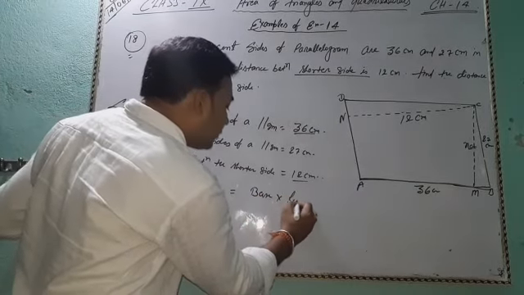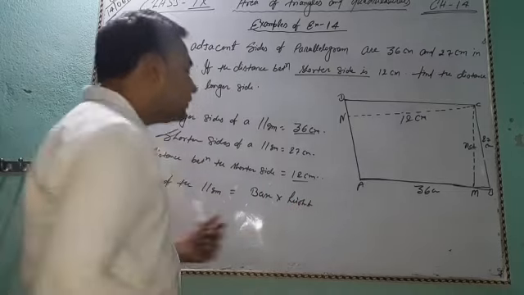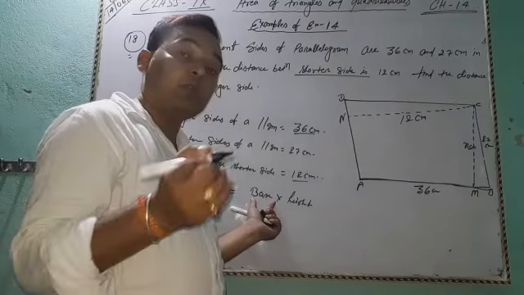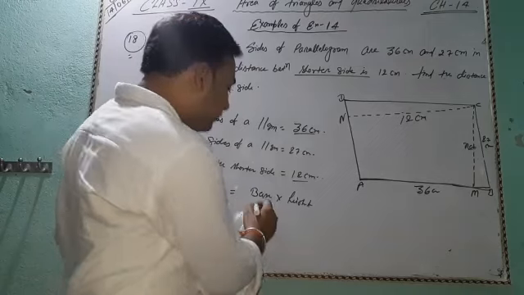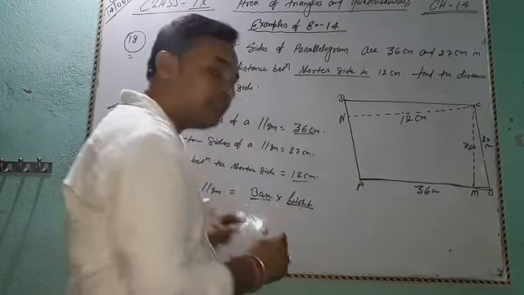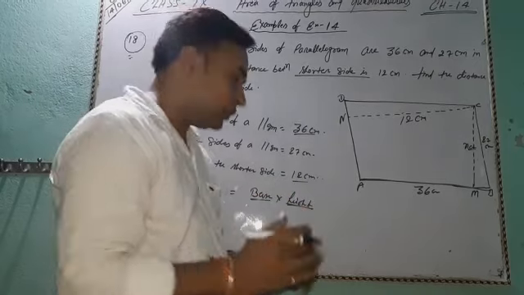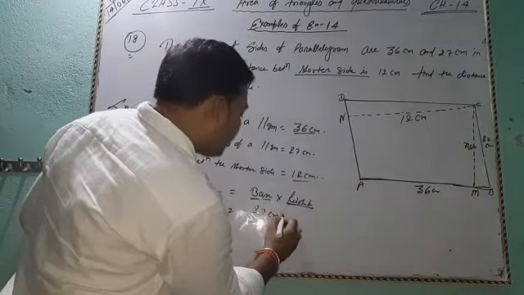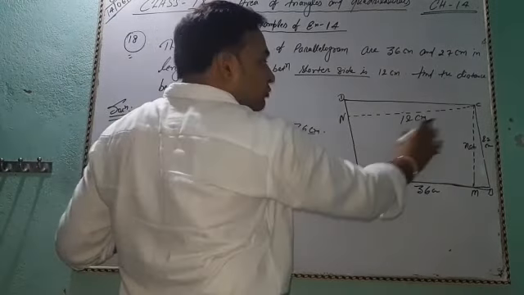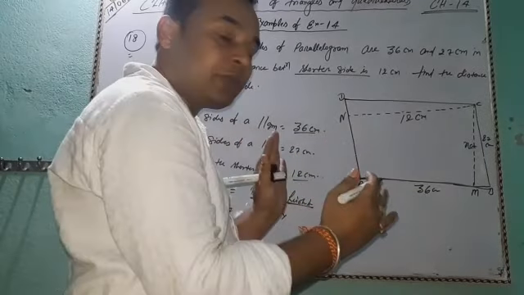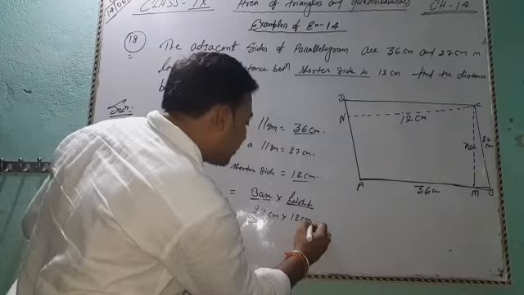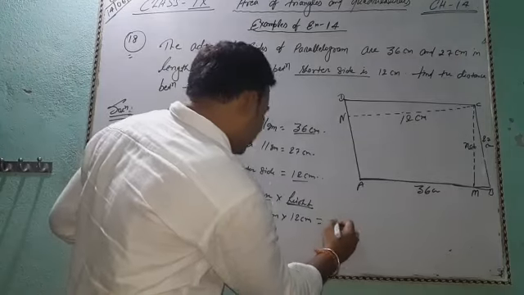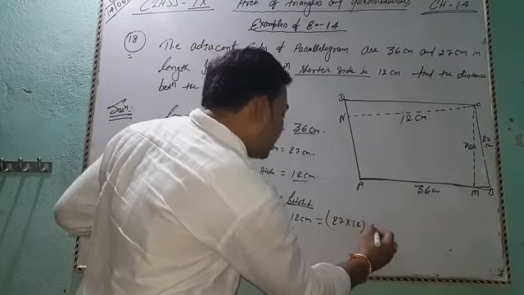Base multiply height, the distance between the shorter side. If base equal to shorter side, then what will the height be? The distance between the shorter side. Okay, so base equal to shorter side is 27 centimeter, then height equal to the distance between the shorter side equal to 12 centimeter. Okay, so 27 centimeter and 12 centimeter equal to 27 multiply 12 centimeter square.